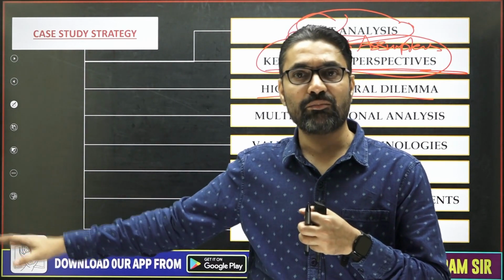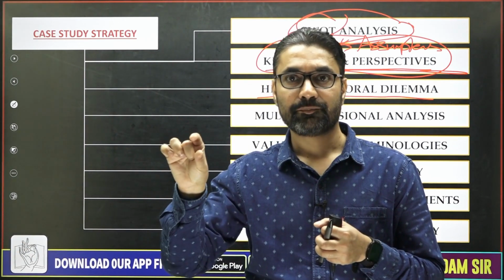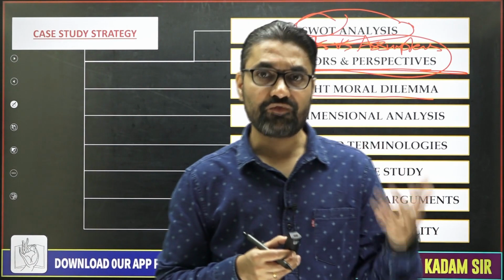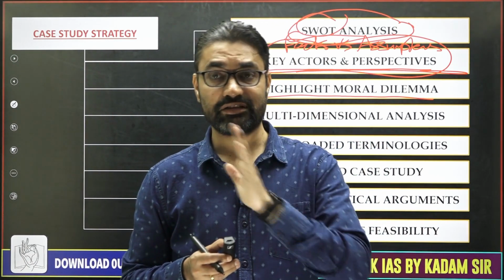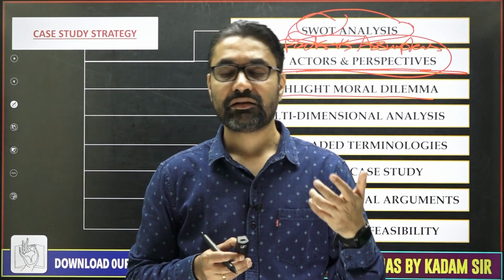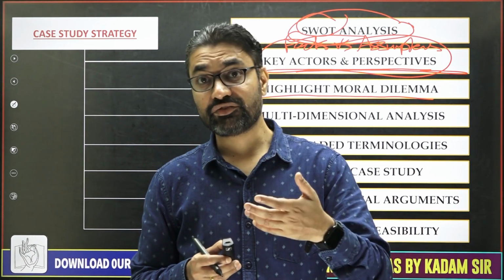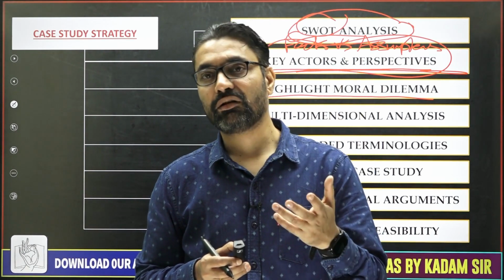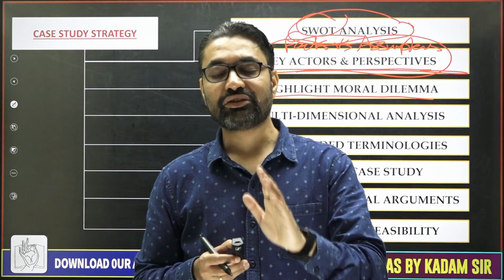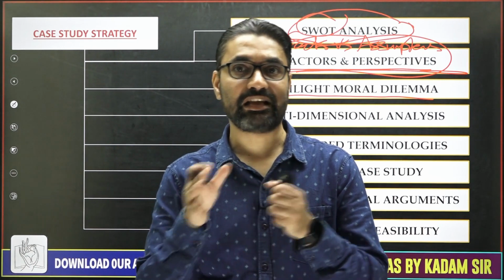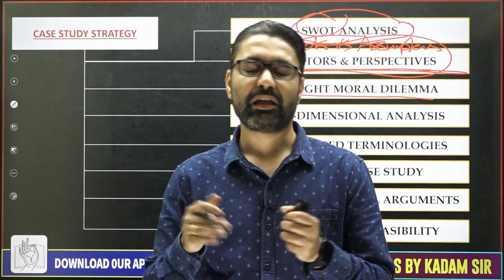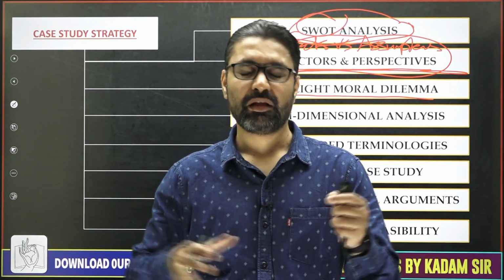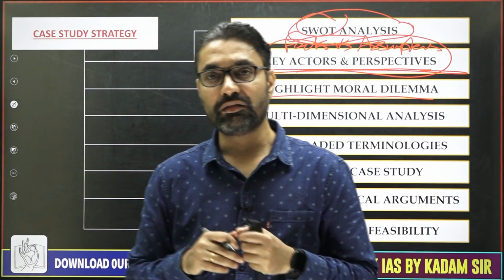Your answers you can write in the main body, but after key actor and perspective, in 1 line you can highlight the entire case study, that this case study is a conflict or moral dilemma between the prevalent stereotypes and prejudices in Indian society in the form of casteism, which are institutionalized prejudices that came from religion or religious books, versus ensuring the social integration of the entire community living in the village.